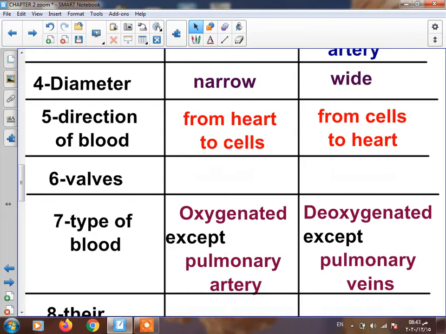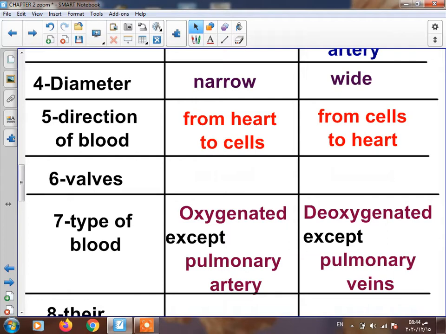But what about the vein? Of course it is the opposite. The vein carries deoxygenated blood, with carbon dioxide gas, which comes from glucose oxidation inside the cell. So the deoxygenated blood which comes from the cell moves to the heart through the vein, and also there is an exception: the pulmonary vein. Why? Because the pulmonary vein carries the blood which comes from the lung.